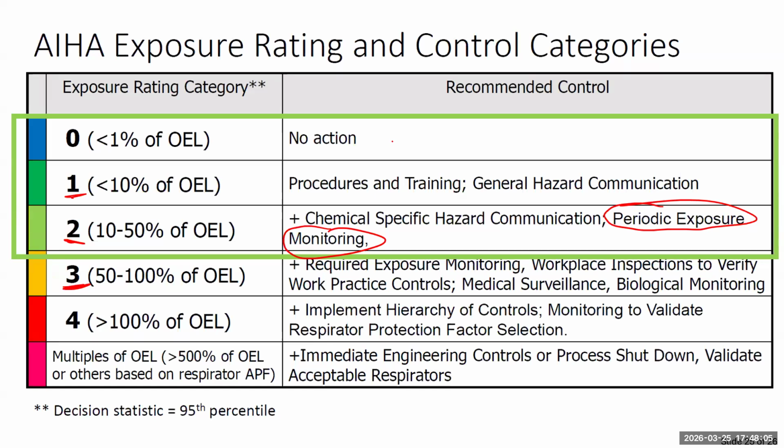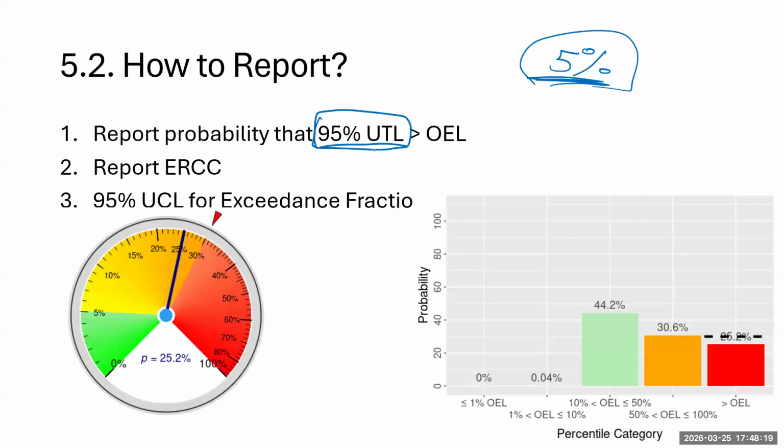Okay, so in other words, if we have, let's say, the category 4 is more than 5%, that doesn't mean that our monitoring is not right. Well, not necessarily.